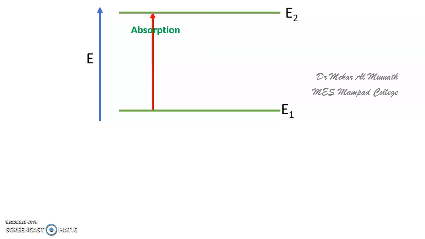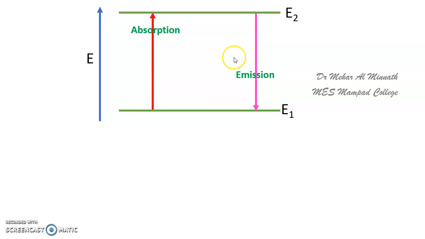So when the sample absorbs energy from the radiation, it goes from the lower energy level to the higher energy level. Similarly, if the molecule gives off energy and comes down to the lower energy level from the higher energy level, it will emit some amount of energy or radiation, and that phenomenon is called emission.